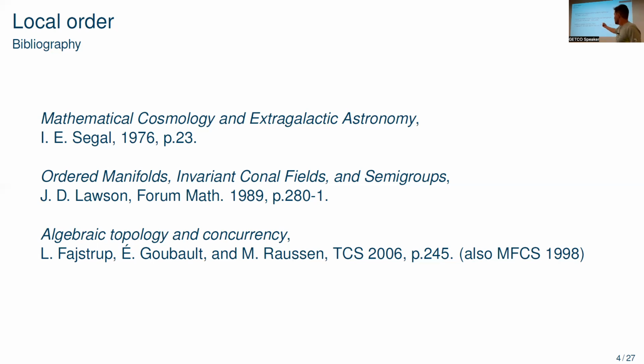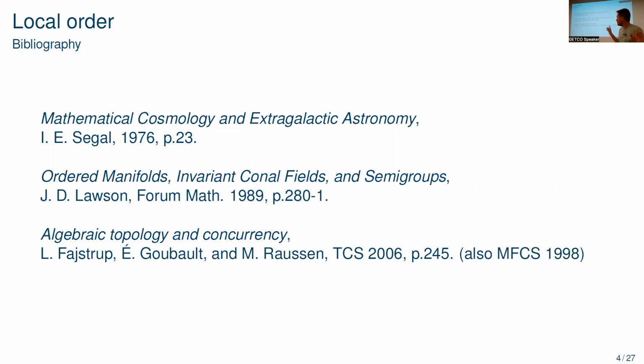So of course, as Ulrich talked about this morning, the notion was also introduced once again in the paper by Fajstrup, Goubault, and Raussen, but in order to represent concurrency. Okay. And in between, there was a paper by Jimmie Lawson, which deals with local orders and conal fields on manifolds.